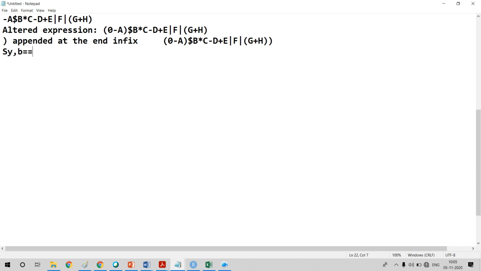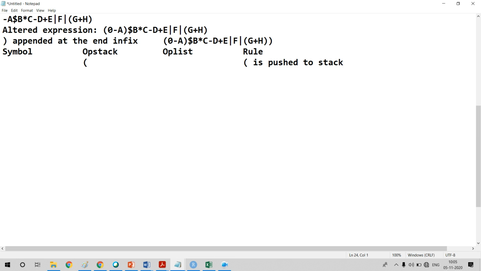We'll make three columns. The first column is symbol, the second column is OP stack, the next is OP list, and then the rule that is applicable. Nullify the stack, an empty stack is formed now. To that add one bracket. Open bracket is appended to the stack.